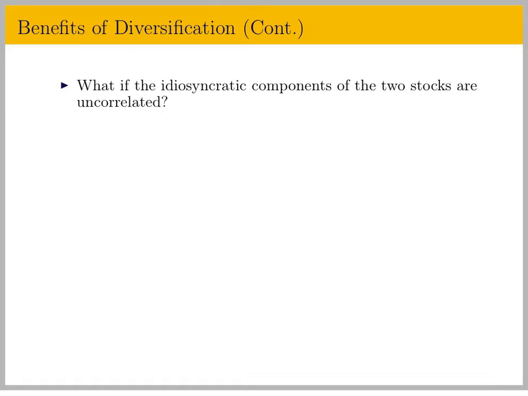Now, if the idiosyncratic components of the two assets are uncorrelated, then there's still a portion of their risk that's correlated perfectly, and that's the part that's due to the systematic shock. The risky component that hits each of the assets identically will be perfectly correlated.